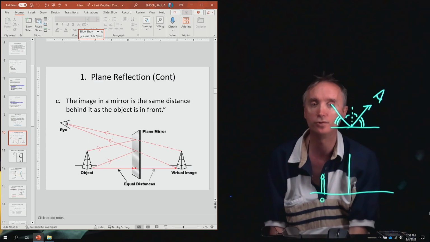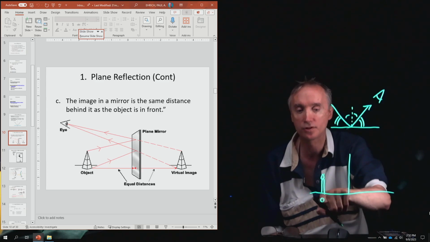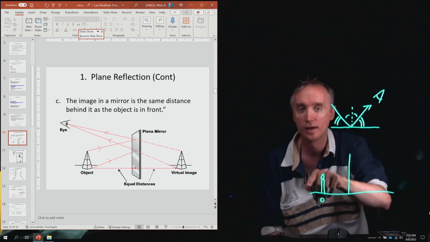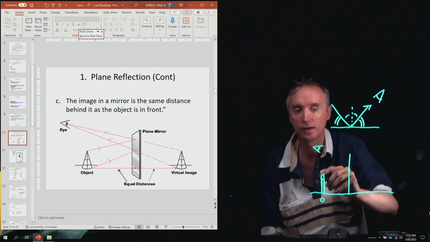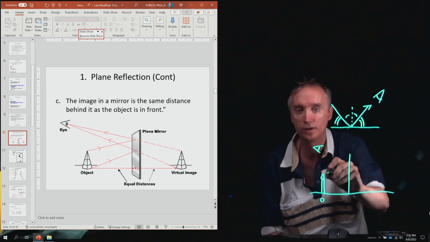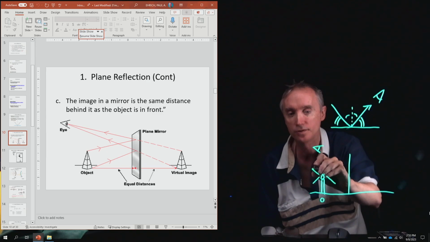What we want to do is figure out where the image of this object is going to be located. Again, up here is your eye. The light from the candle is going to go in all different directions. Some of the light goes this way, some this way, some this way.